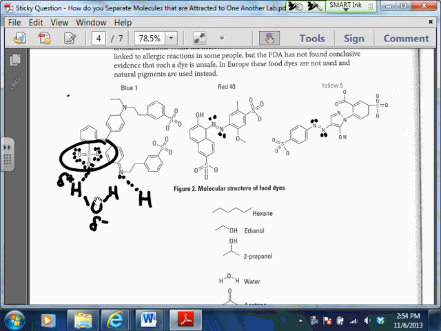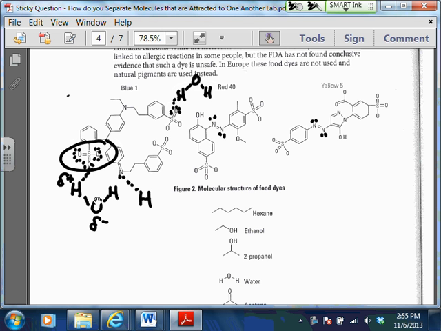But either way, you can draw your pictures for sure on the SO3s, right? And then you can have a water molecule up here. You just need to make sure that the H's are closer. But there's going to be hydrogen bonding here where the hydrogens are attracted to the lone pairs of electrons on either oxygens or nitrogens, okay?